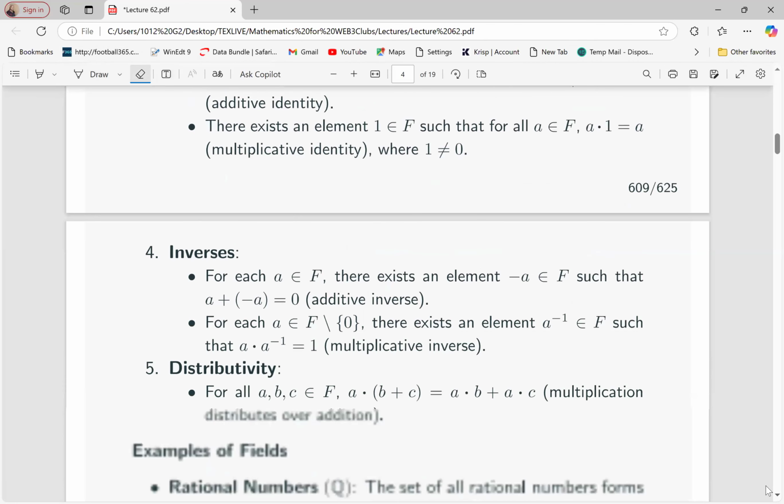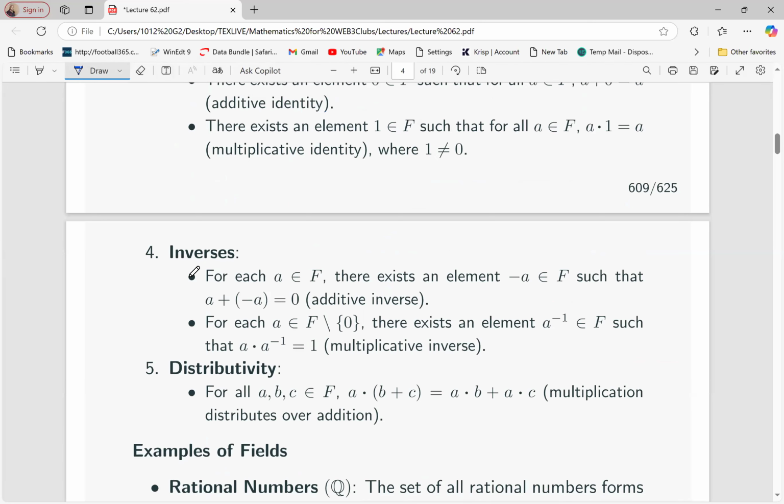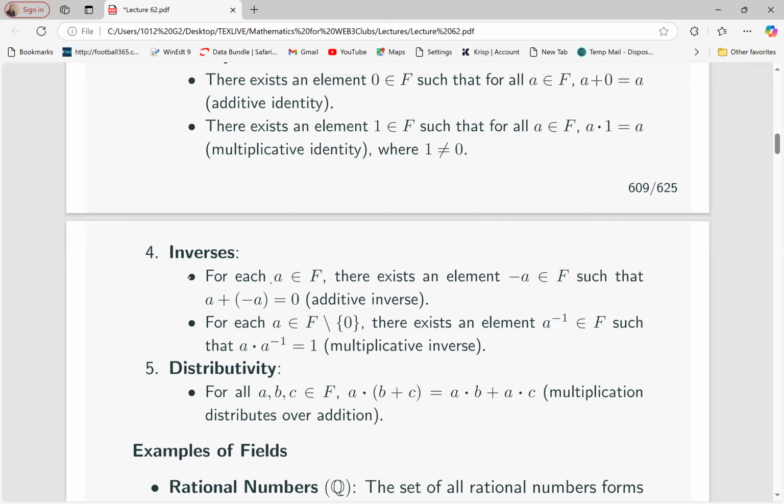Then again, every element must have an inverse. If you consider A, then A under addition must have an additive inverse, and a multiplicative inverse at the same time.